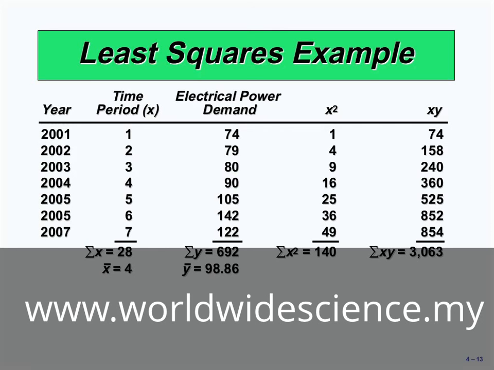X bar is sigma X divided by n. N here is 7 because we have 7 years. Y is demand. Y is the thing that you want to forecast. Electrical power demand is Y in the formula. You should sum these numbers together and you will see sigma Y. Sigma Y is 692.